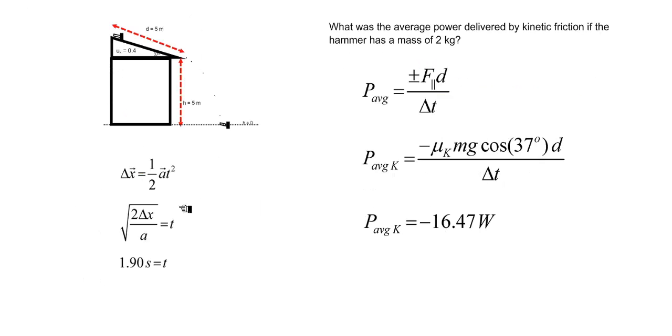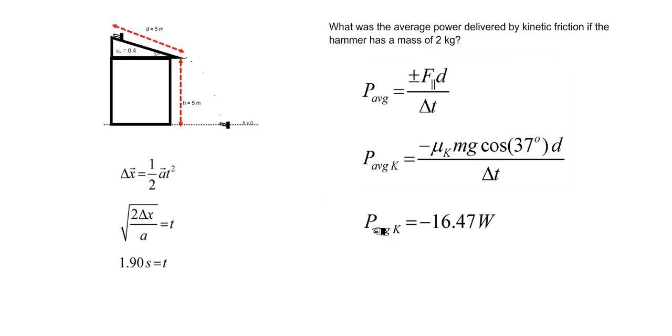And then I can go back to this kinematics equation, rearrange it to solve for time, plug in that 2.767 meters per second squared for the acceleration and the 5 meters for the displacement, this portion when it goes down the roof. And now I have all the numbers that I need, plugging in the values that are given in the problem.